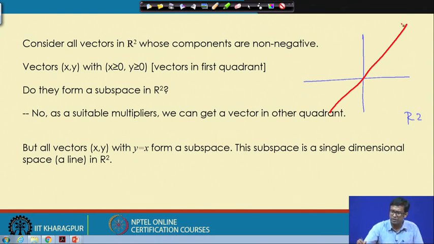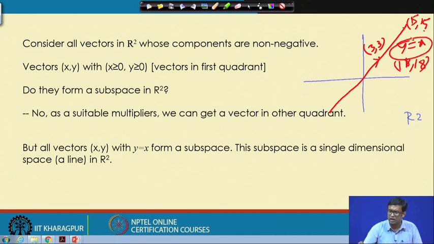So, this is y equal to x. Any vector, say 3 3, can be multiplied with any number, say 15 15, and it is still a vector with y equal to x. Or if I add 3 3 and 15 15, I will get 18 18, which again has the same y equal to x criteria.